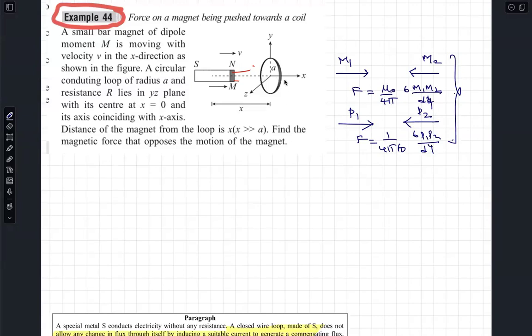Find the magnetic force that opposes. A small bar magnet of dipole moment M is moving with velocity v.